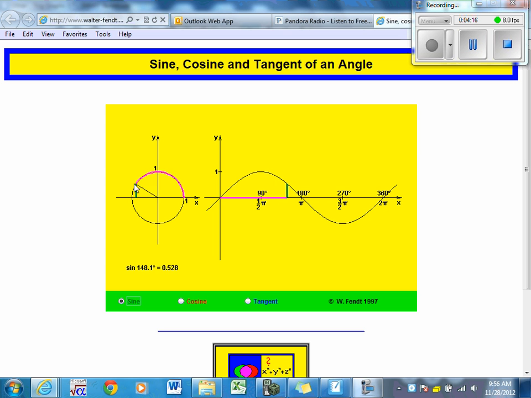Once I go past pi, now that green line goes down, so it's negative over here. As I continue on, once I pass 3 pi over 2, it's still negative, but it's coming back up to 0. So you can see my sine curve, my sine wave as it is sometimes called, is basically unwrapping my unit circle to get sine.